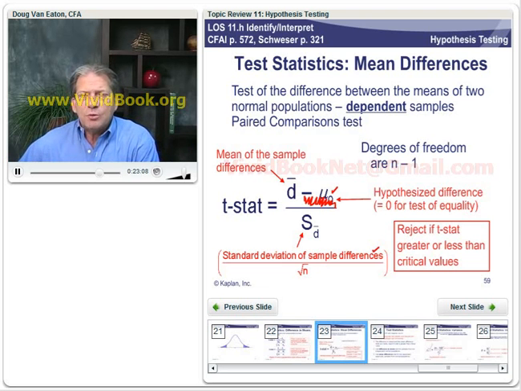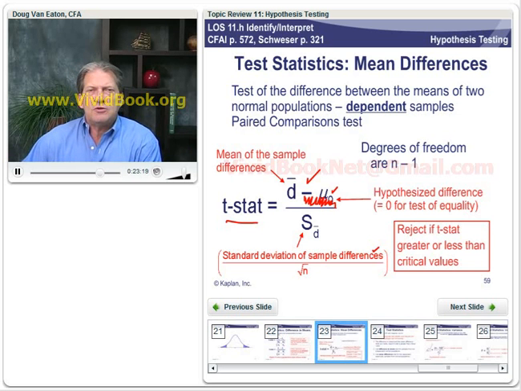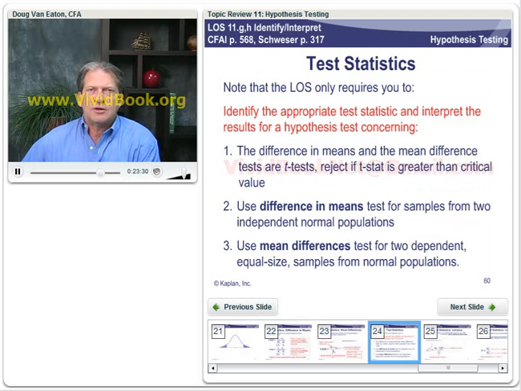So we're going to reject, again, it's a t-statistic, you need to know that. The mean of all the differences, the average difference for our time period, is in the numerator, and then we're going to measure that average difference in terms of standard errors. And that's going to be our test statistic.